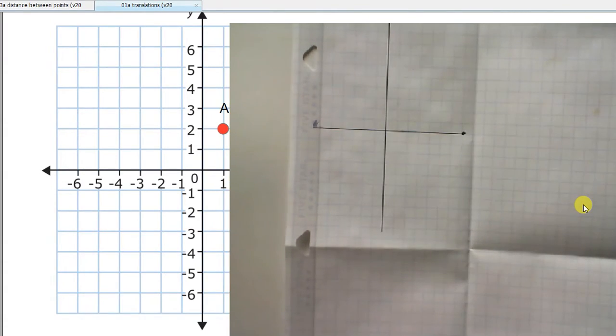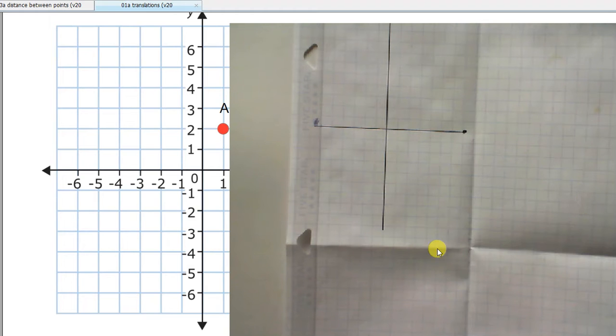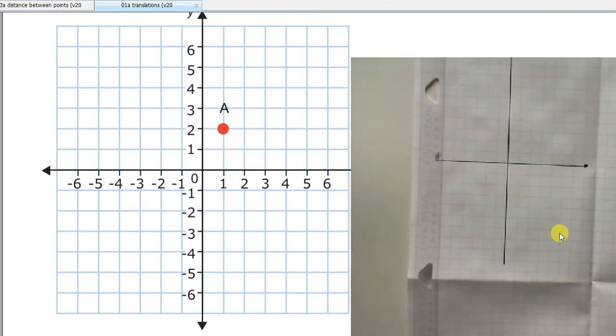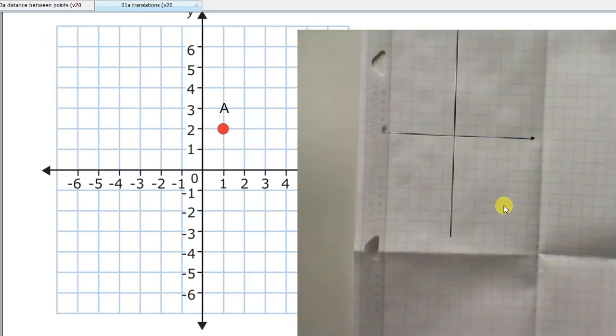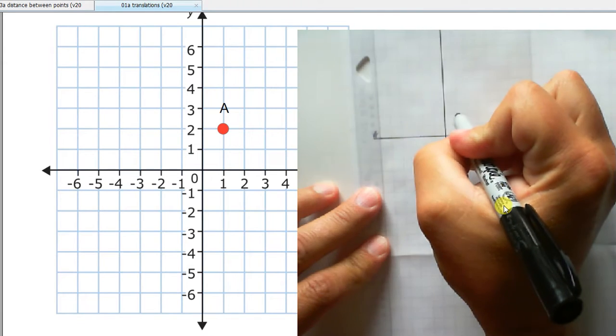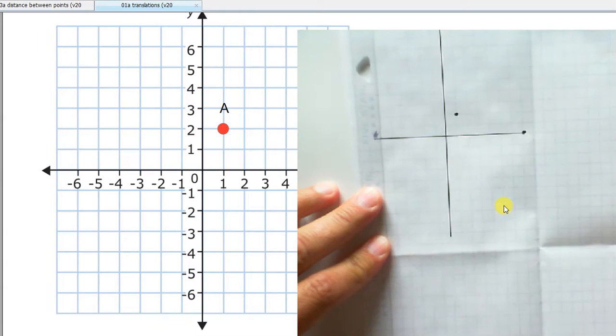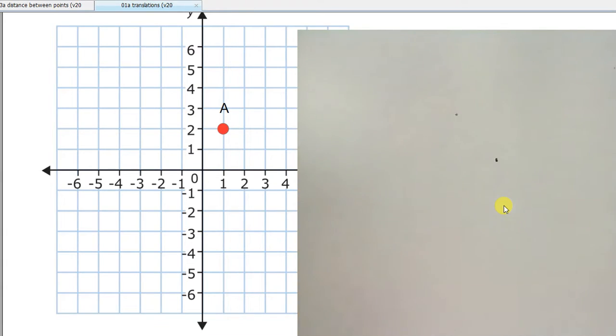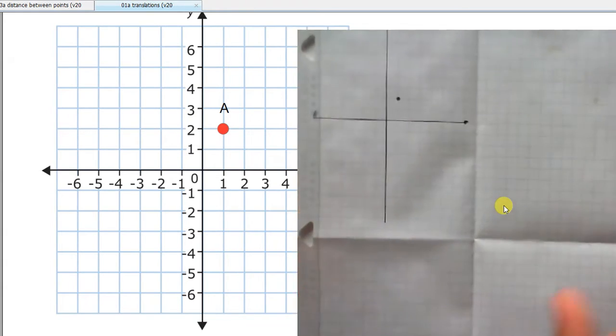So there's the coordinate system, and on it, I'm going to plot point A. And that is at 1, 2. I'm noticing my points are bleeding through into my background.